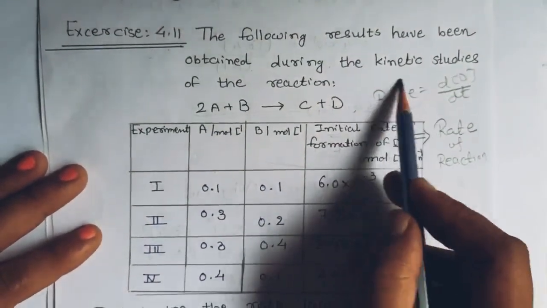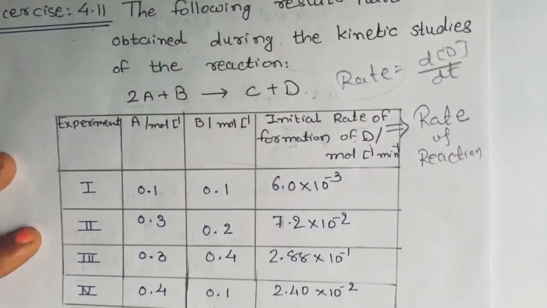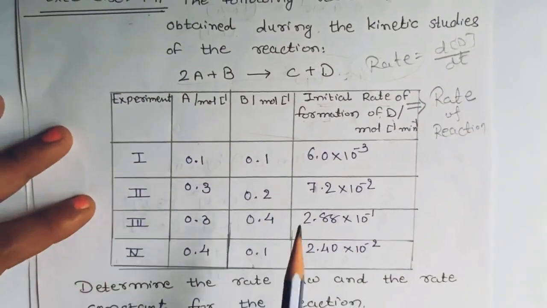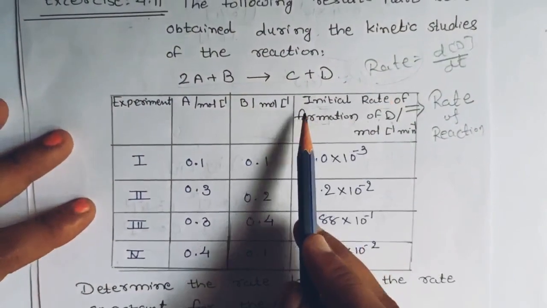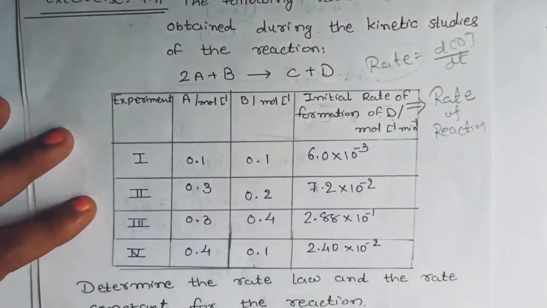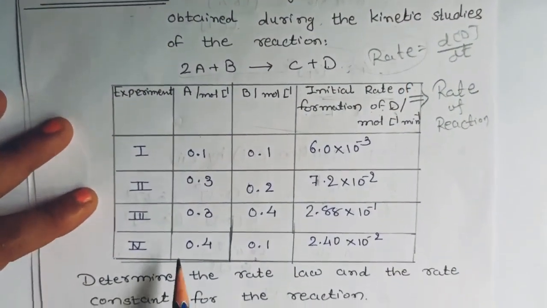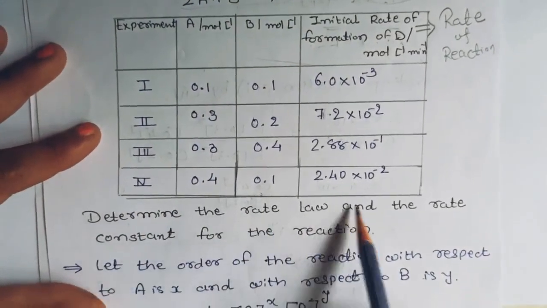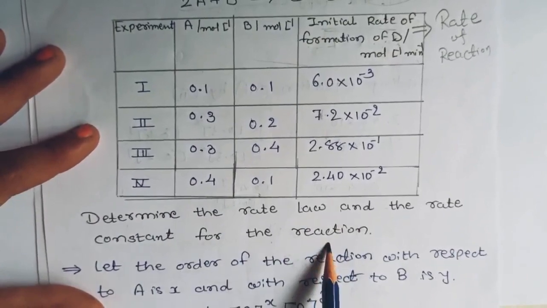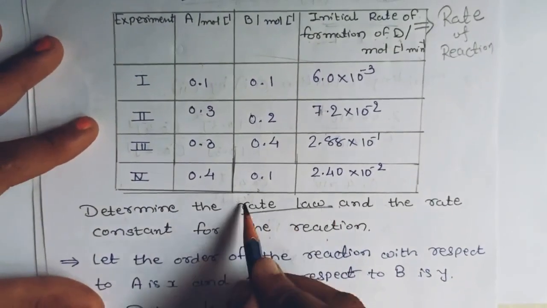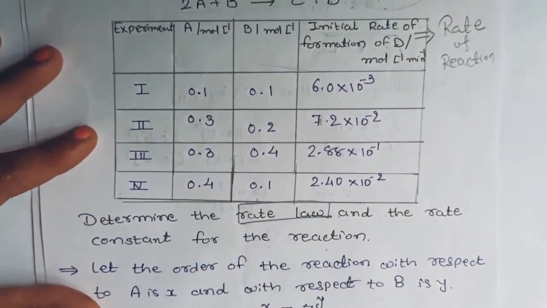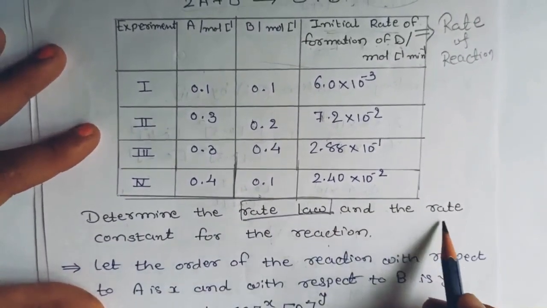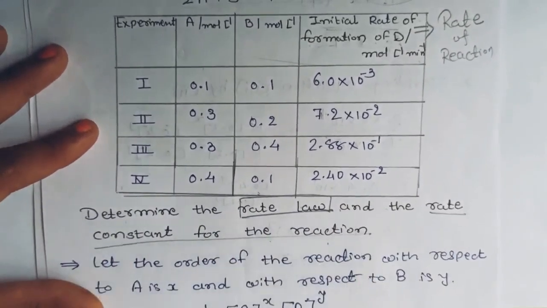It means that the rate is given, not directly but indirectly, right? Now determine the rate law and the rate constant for the reaction, right? We have to find out the rate law, and second, the rate constant for the reaction, right?